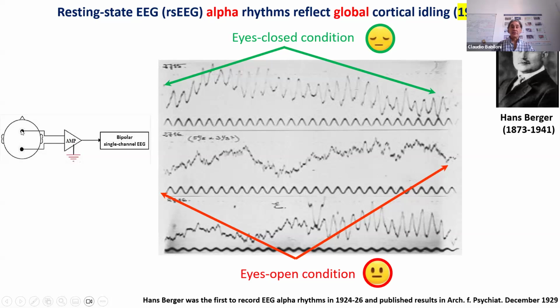The voltage recorded from this bipolar channel is amplified and then can be visualized by an oscilloscope or a modern computer. Hans Berger used an oscilloscope.